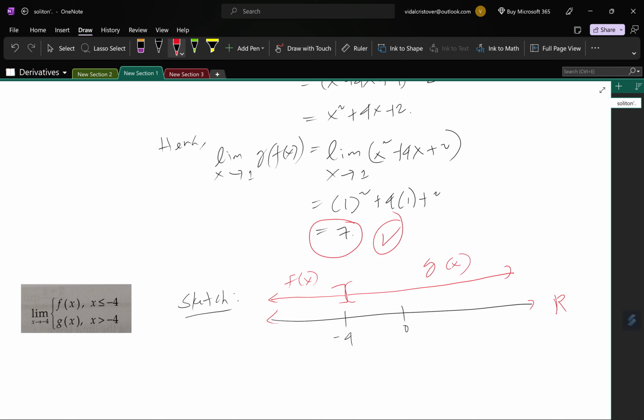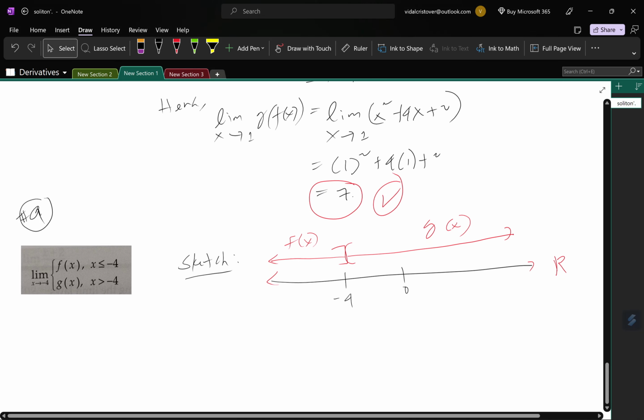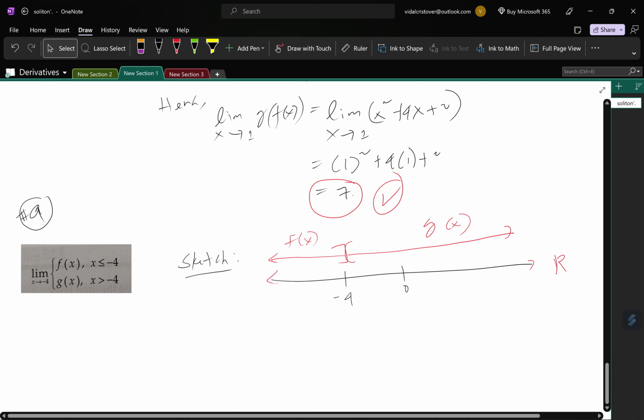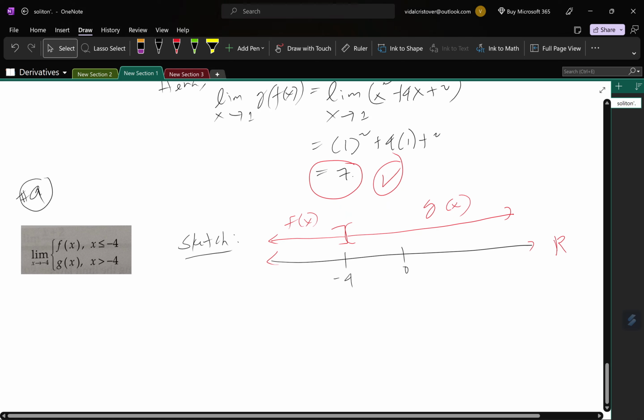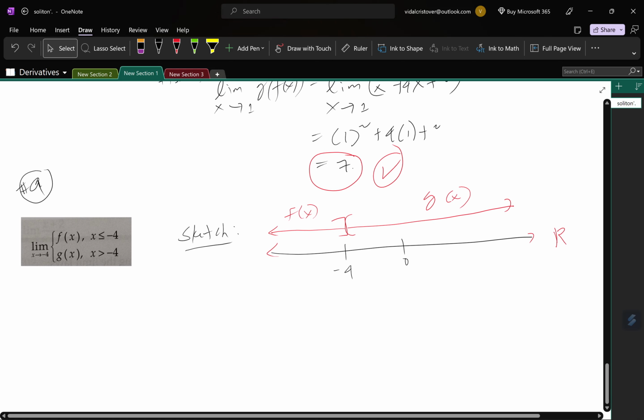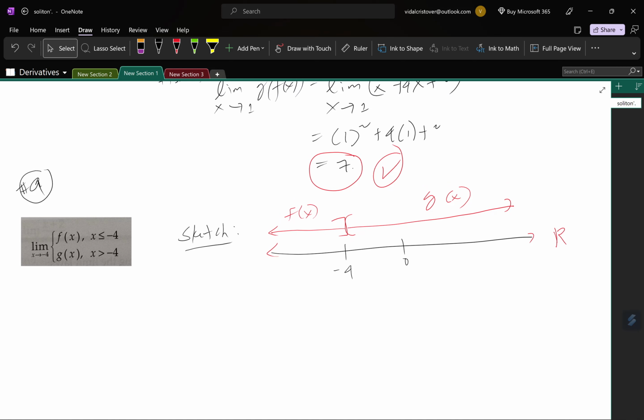So, the question now for problem 9, I should not say continuous, sorry, is whether the limit as x approaches negative 4 exists. Now, this problem is piecewise. The meaning of piecewise is that your function is defined into two or more parts.